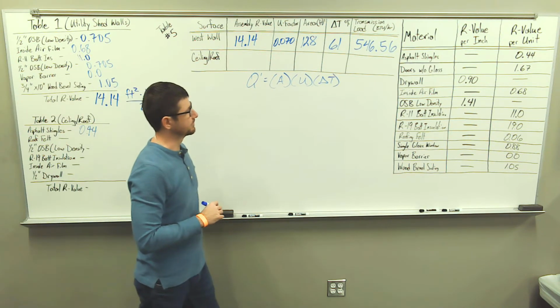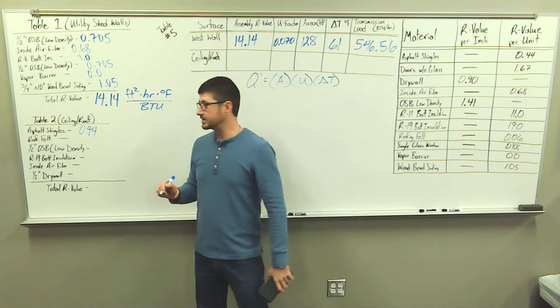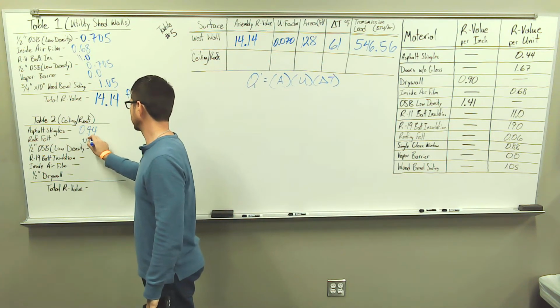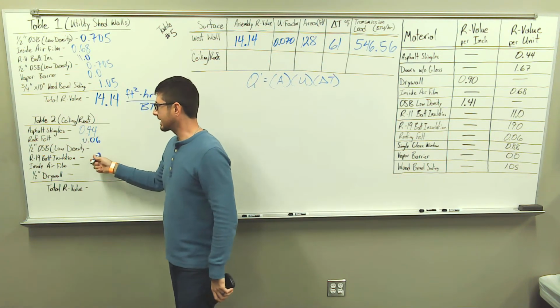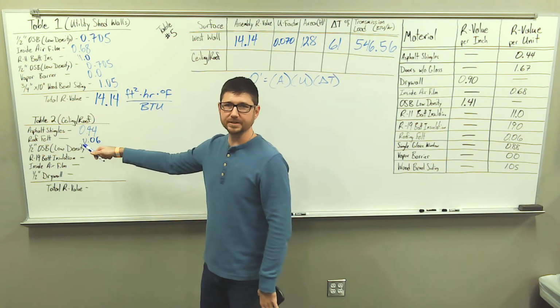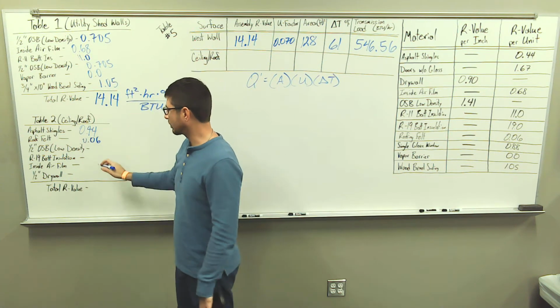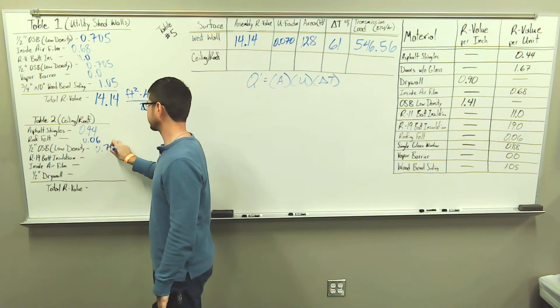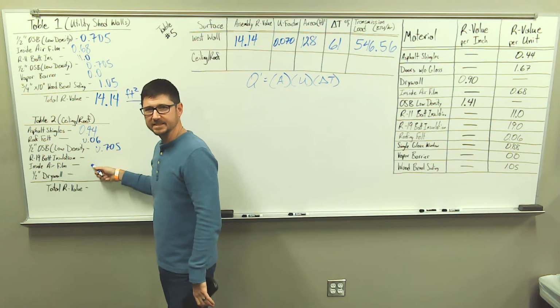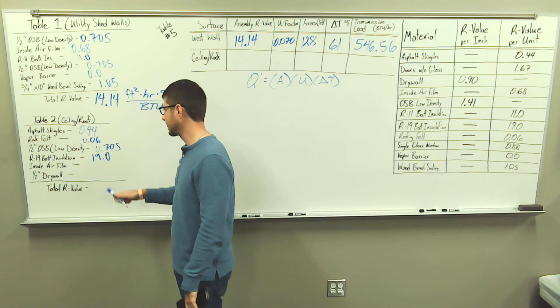Then we have roof felt. This is going to be 0.06. We have the 1/2 inch OSB. This is our low density oriented strand board. So 1/2 inch of that is 0.705. R19 insulation, so our R value is 19.0.